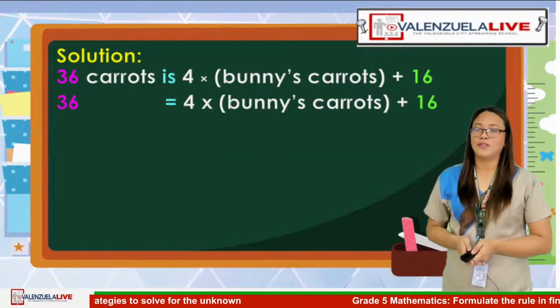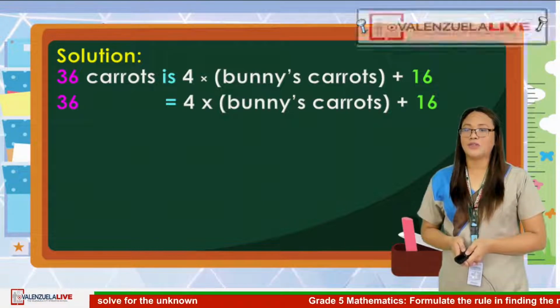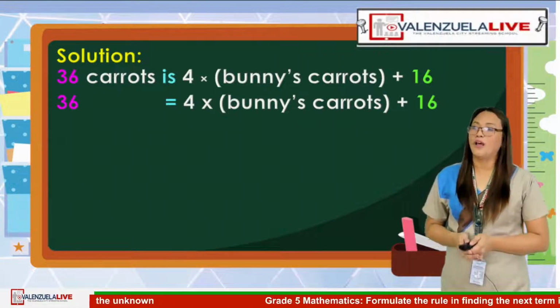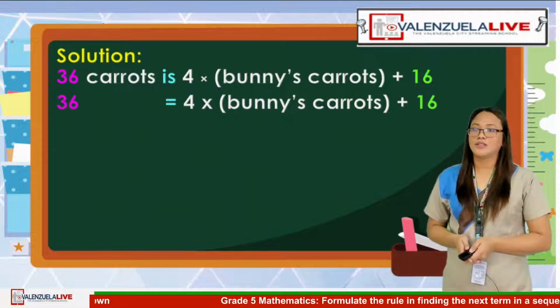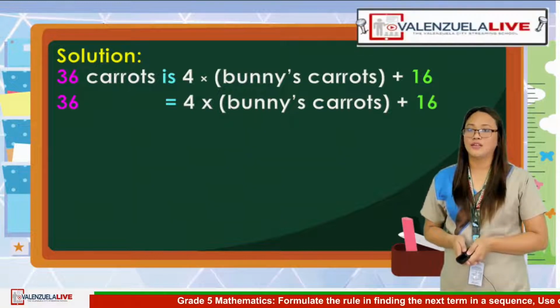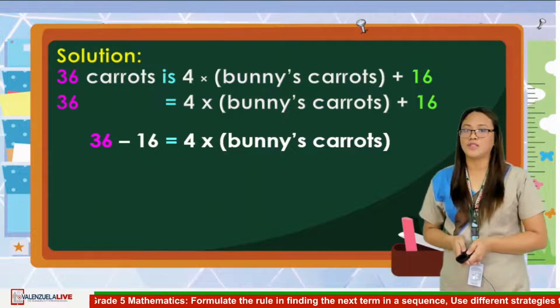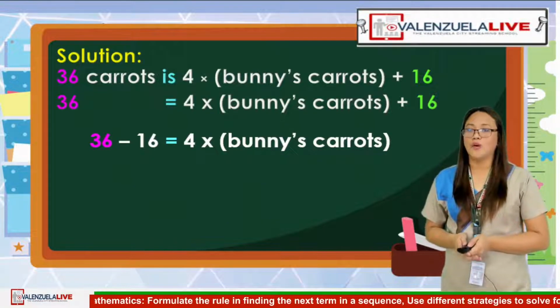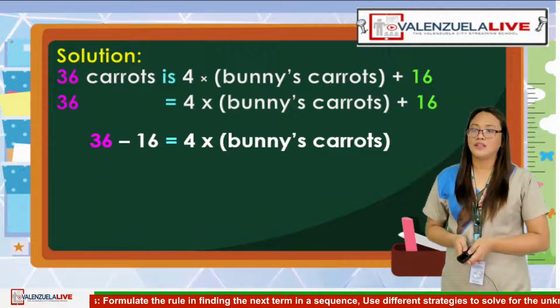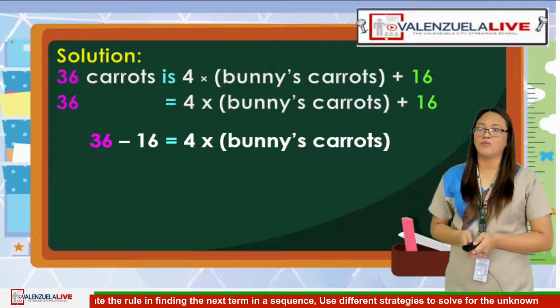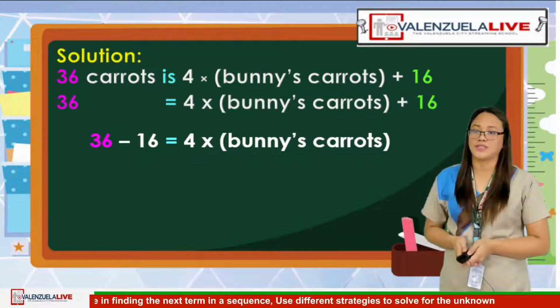Okay, so what should we do? All right, we are going to do the working backwards. So we have to subtract 36 minus 16, since our operation is plus 16, and the opposite of plus is subtraction.